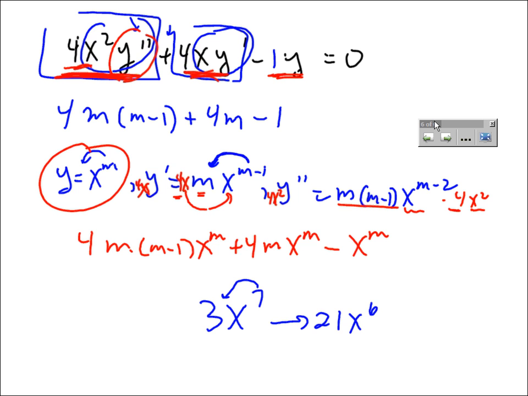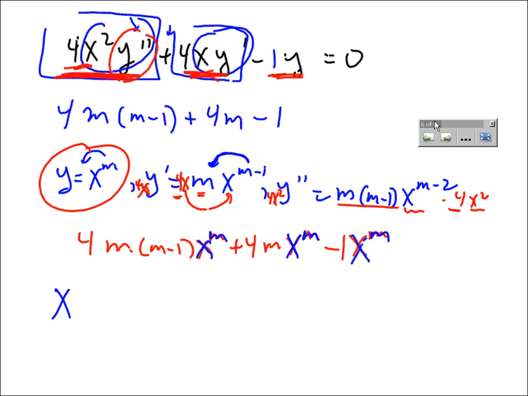Now, take away 1 times x to the m. Every term has an x to the m in it. That is precisely what made it a Cauchy Euler equation.